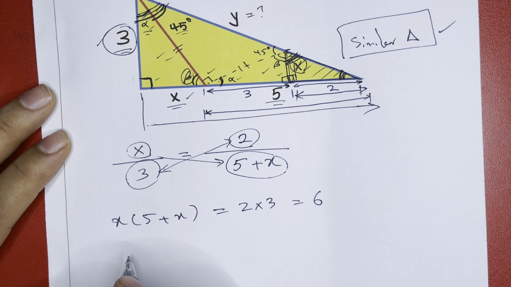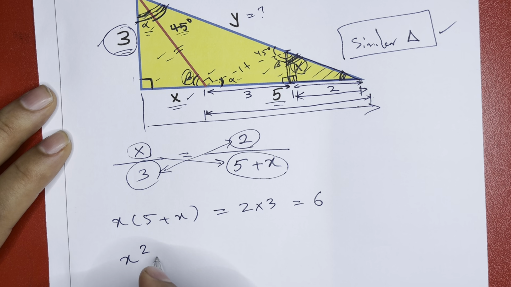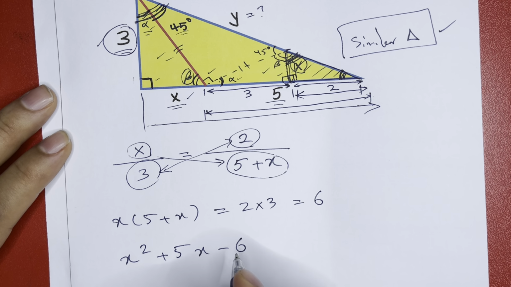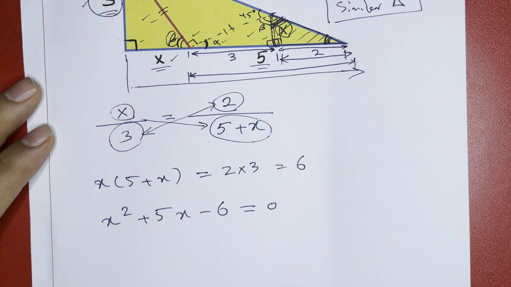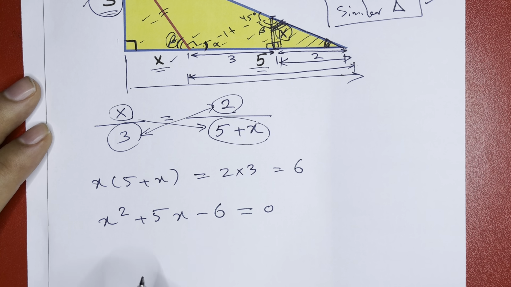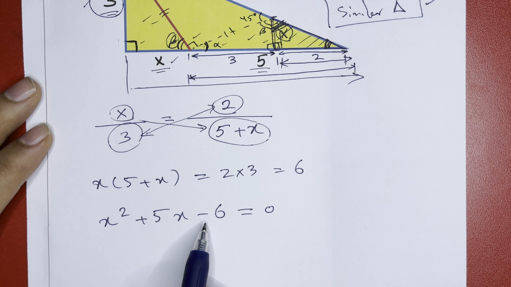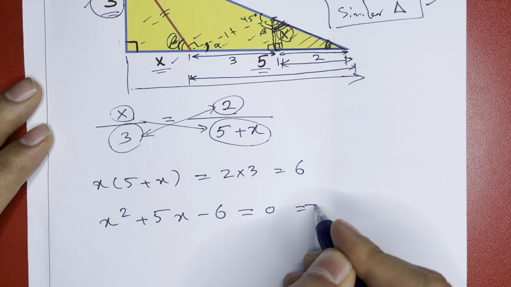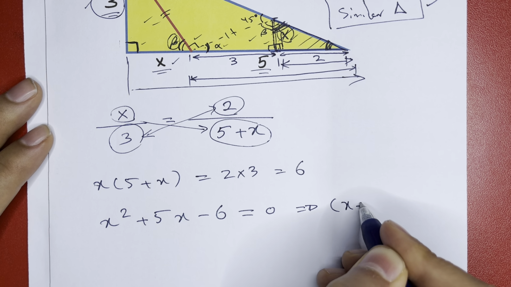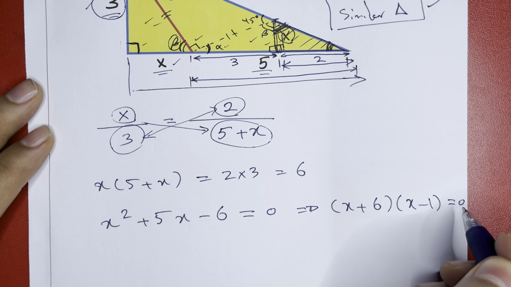If you organize this a little bit and bring all the terms to the left-hand side, we have x squared plus 5x minus 6 equals 0. And you can factorize this because the multiplication of the roots is -6, as in a second order or quadratic form, and the summation is 5. That means x plus 6 times x minus 1 equals 0.